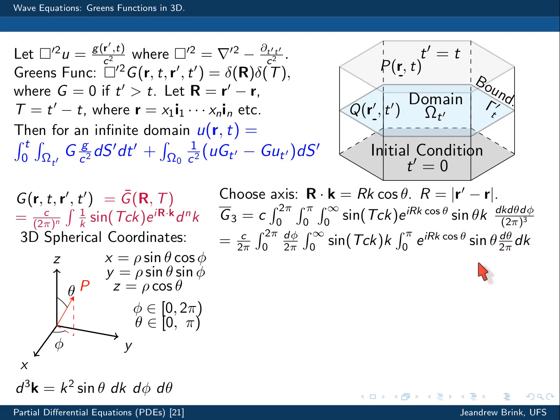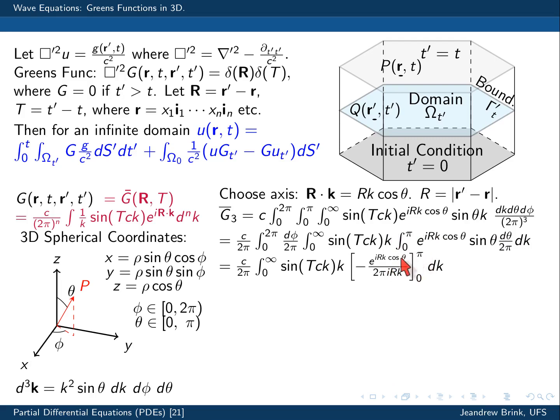So you can easily write down the exact integral, and you simply get minus e to the i r k cos theta over i r k. If you take the derivative of this, you will get that integral over there, and we have to evaluate it at the boundaries, so at 0 and pi.